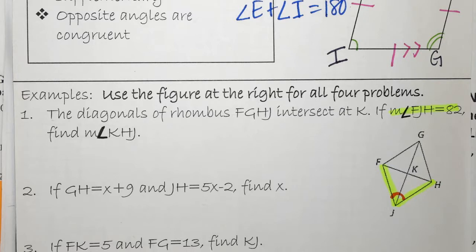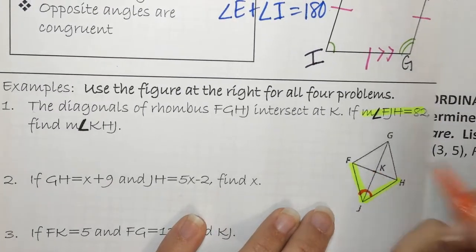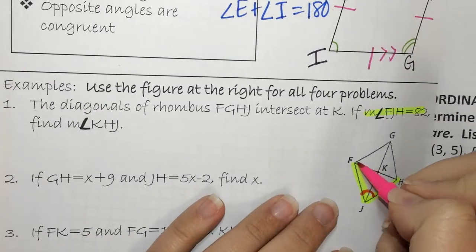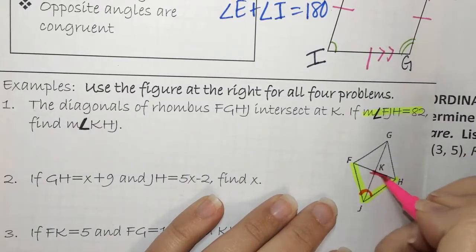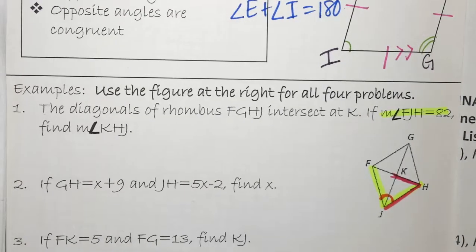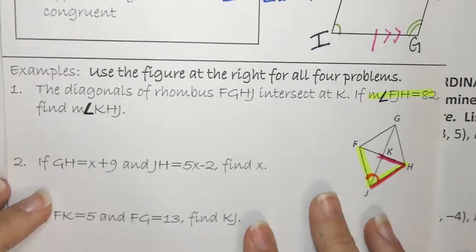Now, what angle is it asking us for? KHJ. You don't have to highlight this. I just want you to watch. That's this one, correct? So, is that opposite of angle J?